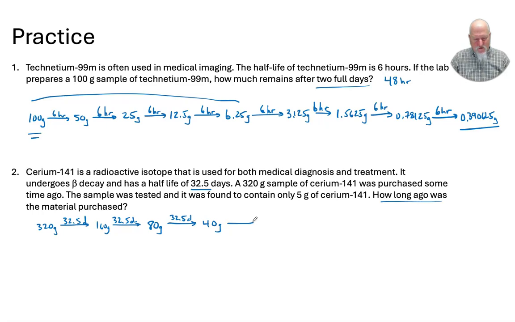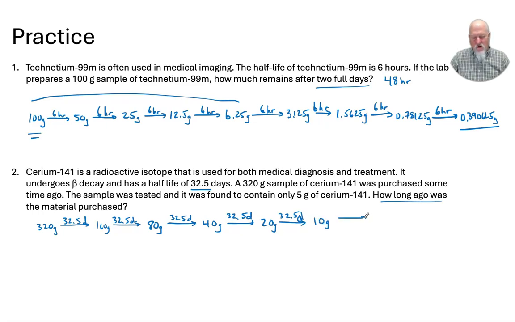Okay, let's keep going. After another half-life, after another 32.5 days, 40 grams now becomes 20 grams. Okay, go through another half-life. We've got to get down to 5 grams. If we go through another half-life, 32.5 days, we go down to 10 grams.